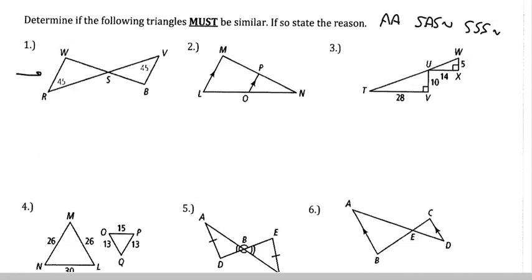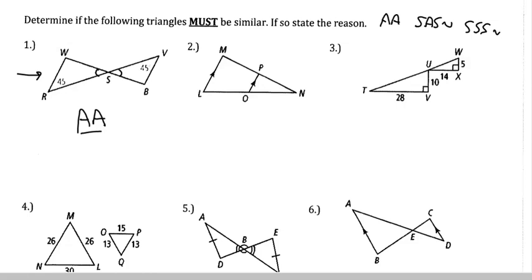So on this one, we have a given, and then we also know we have the vertical angles theorem. Did that lead to AA or SAS of similarity or SSS of similarity? It did. It led to AA. So yes, those are going to be similar by AA.